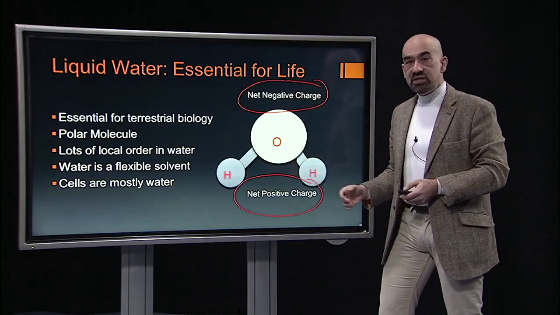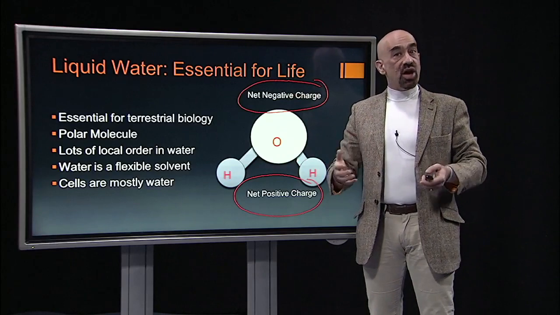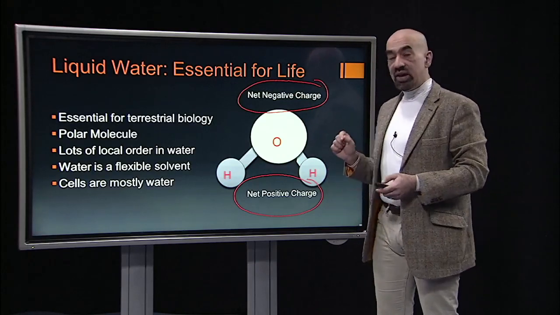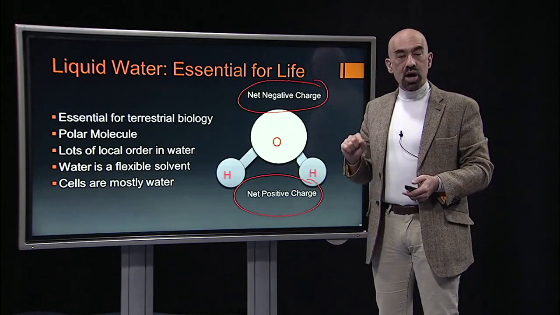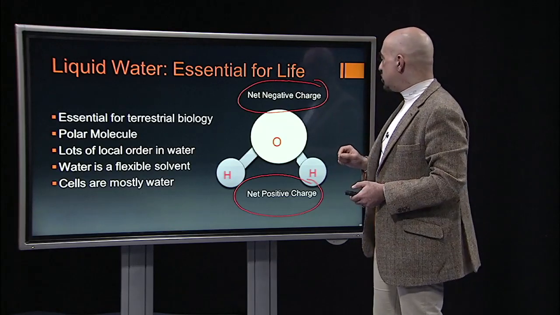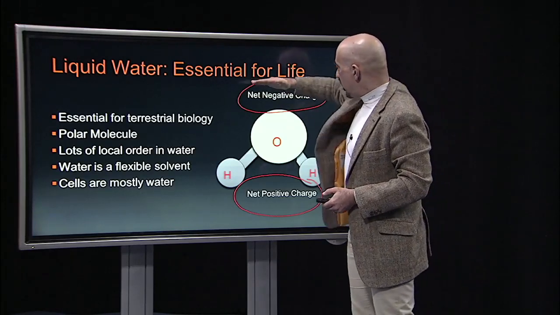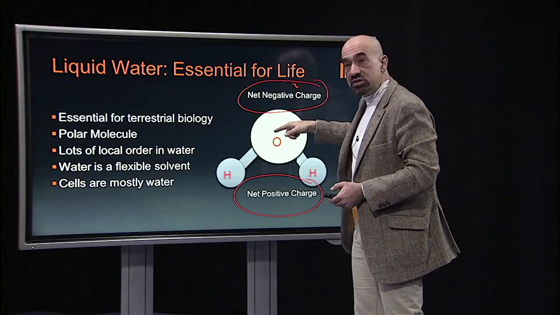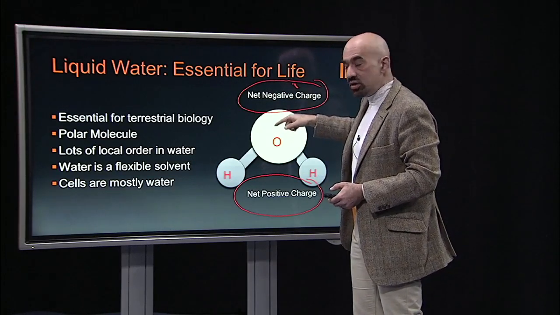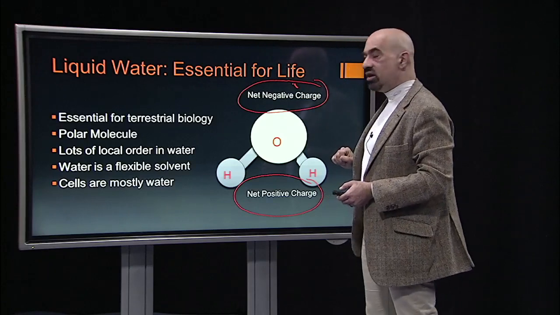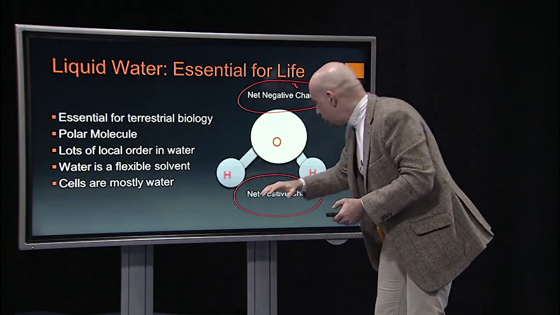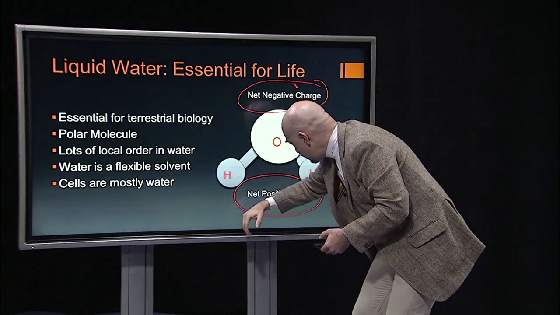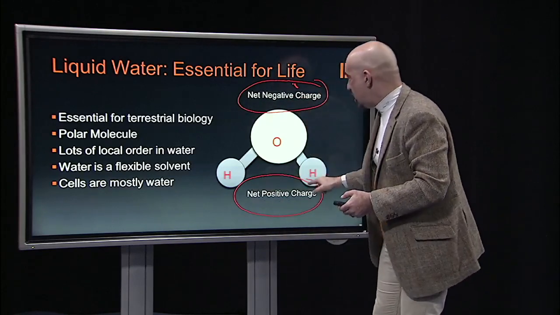As a result of this, in water, there's a lot of long-range order. If I add another water molecule to this picture, it's going to want to line up with the hydrogens on this side, with their positive charge close to the negative charge of oxygen, and the oxygen on this side. And the next water molecule would want to line up here with the oxygen on this side close to the hydrogen.